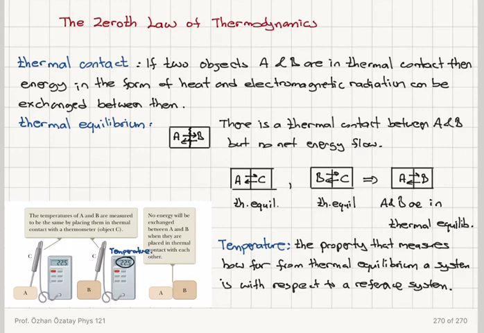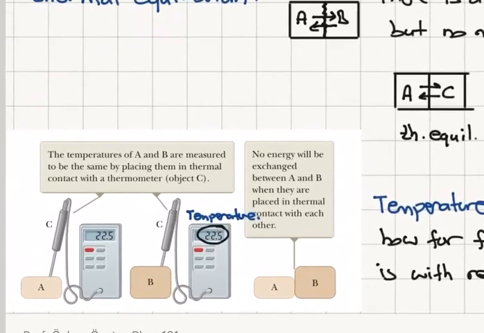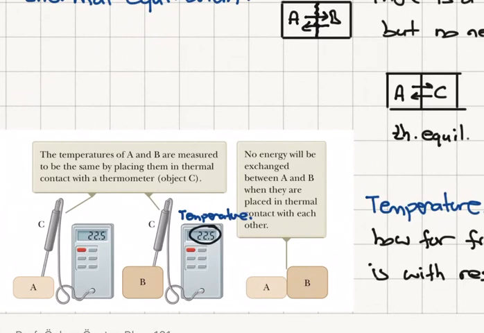For example, I say that the temperature of icy water is 0 degrees Celsius. Then if I measure the temperature of this system A with this probe C and find that the thermal equilibrium is reached at 22.5 degrees C, which means the temperature of A is now 22.5 degrees C. That means I'm a little far from thermal equilibrium with icy water.